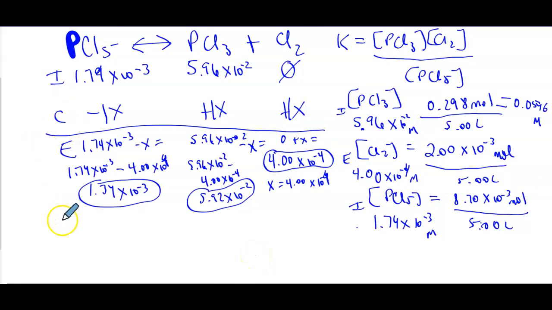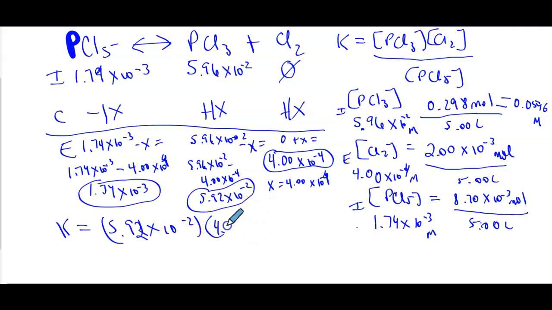So then I'm going to be able to say, okay, now K equals, I'm going to do PCl3. So my PCl3 is 5.92 times 10 to the negative second times Cl2.